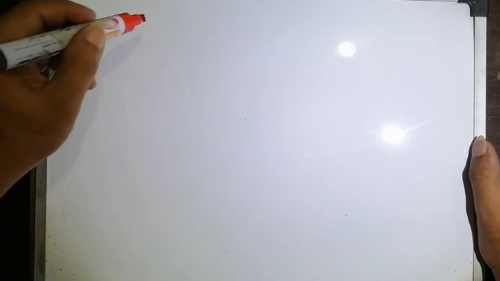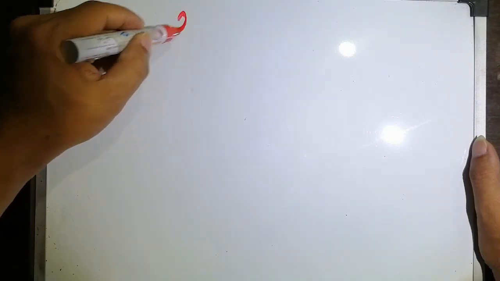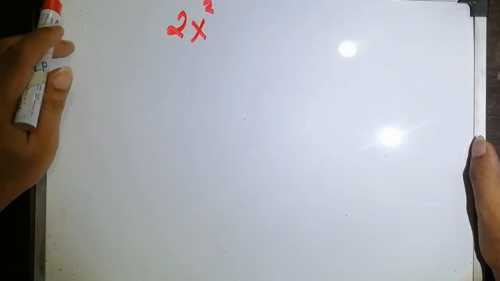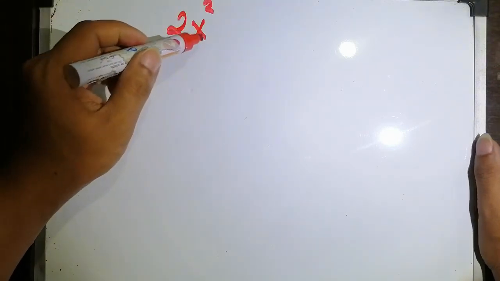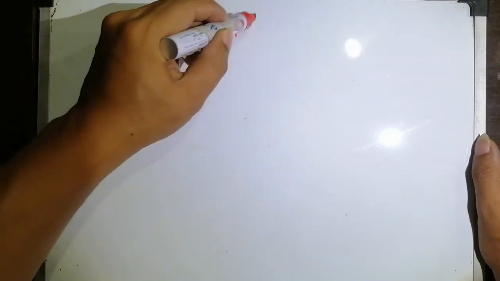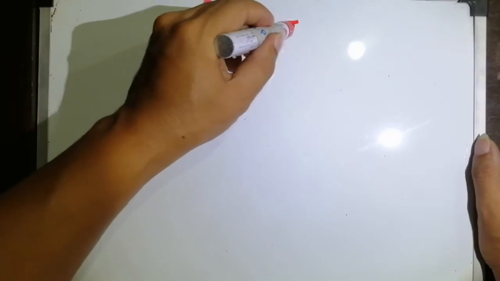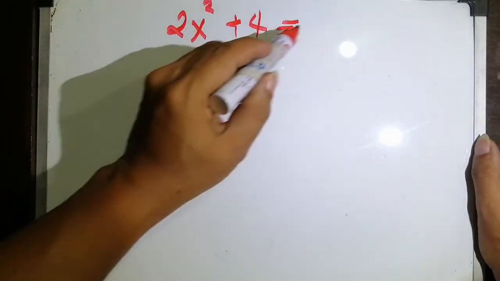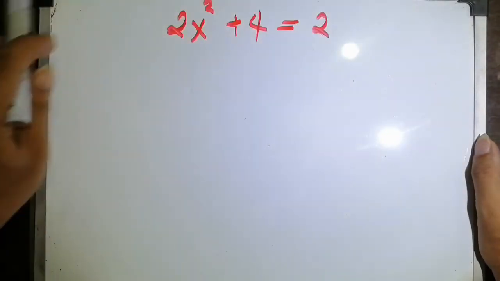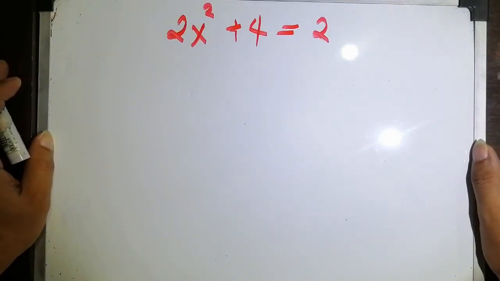Example, 2x squared plus 4 is equal to 2. Okay, so that's our example.